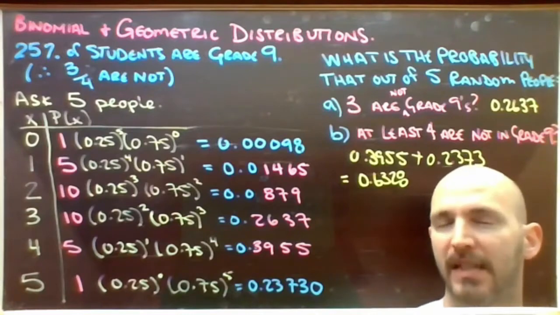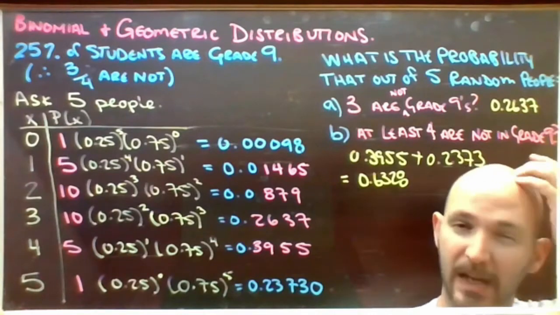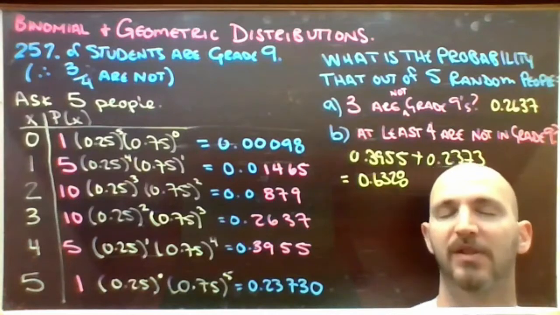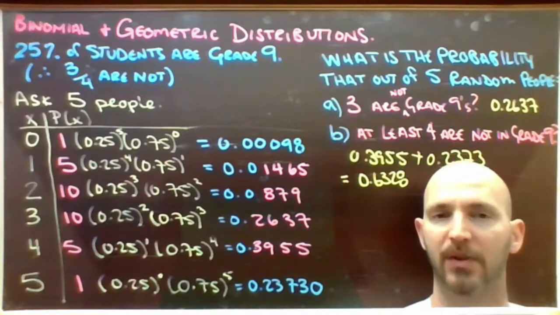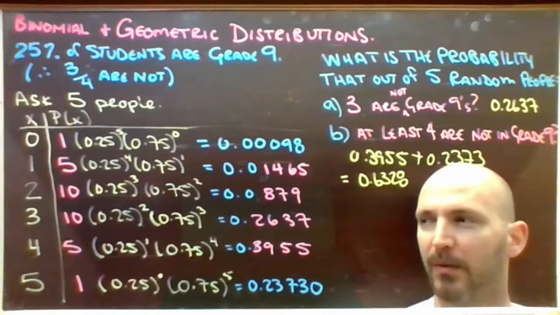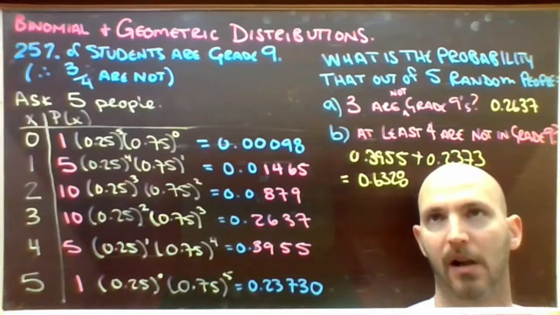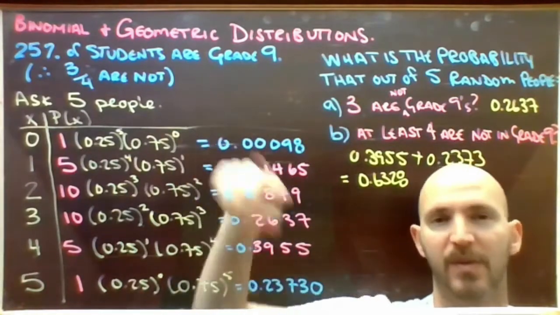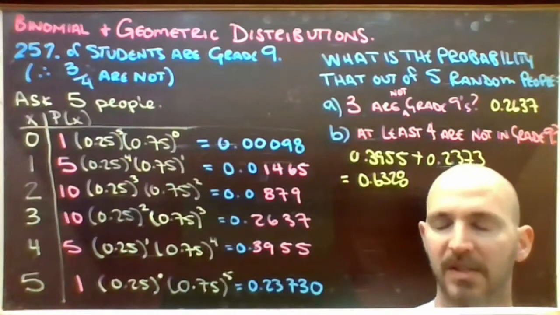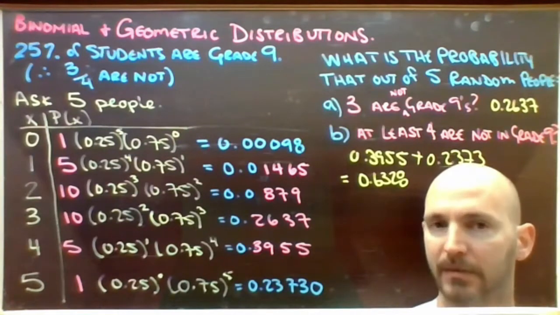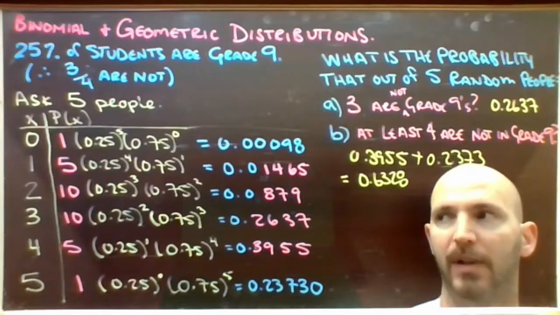So those questions are very similar to what you asked in geometric. The trick then is being able to identify whether a question is prompting you to use geometric or is prompting you to use binomial. So the words you're hunting for are "out of." So this question, which was binomial, said, what's the probability that at least 4 out of 5 are not in grade 9?